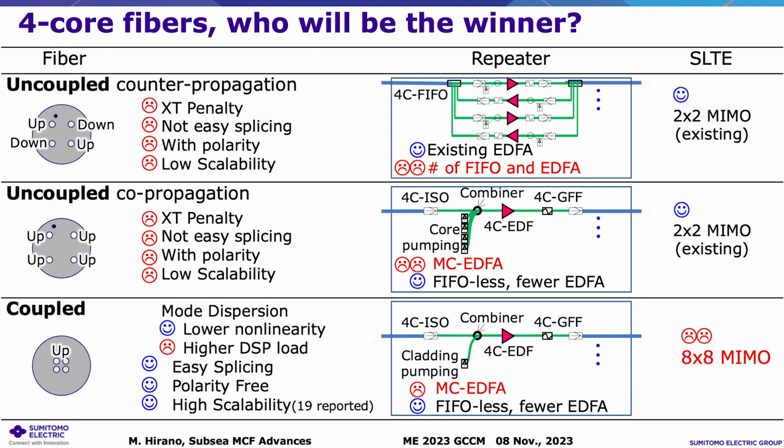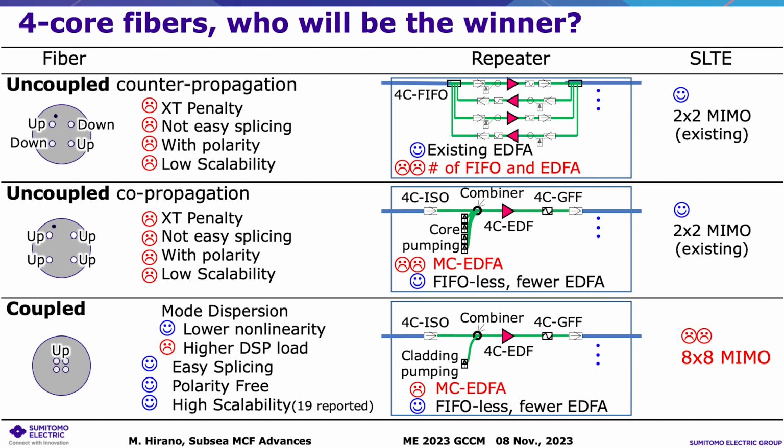Okay, for the fiber type, uncoupled fiber has crosstalk. Crosstalk is a penalty. And splicing will not be easy because the core is apart from the center. So a very small angle misalignment means a very large core misalignment.